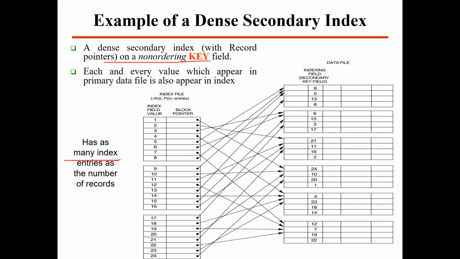Now here, this is the data file and this is the index file. If you create a secondary index file, it might not be in the same order as that of a data file. And we have to remember that each entry in the file connects with each record in the data file.